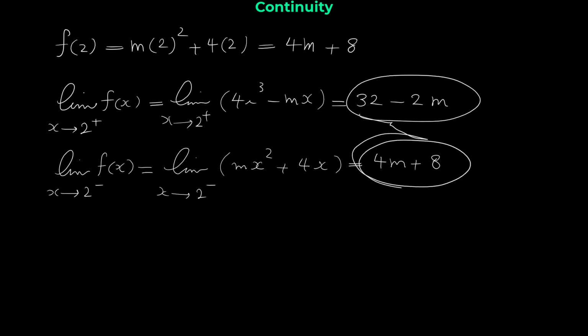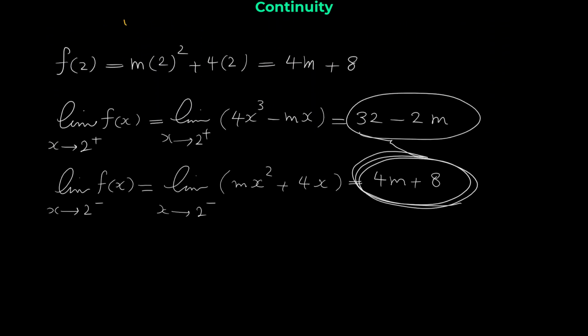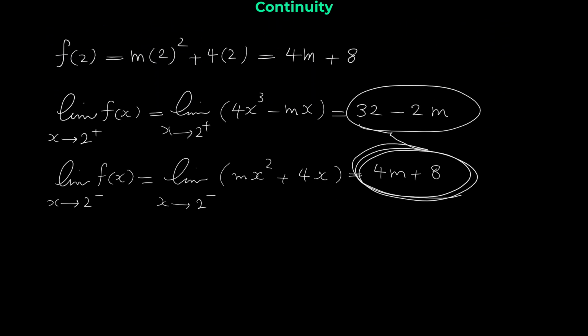The limit from the left is something different, but we want to find m to make the function continuous, so the right limit and left limit should be equal to each other. Then the limit exists. By setting them equal to each other, we can simply find the value for m.